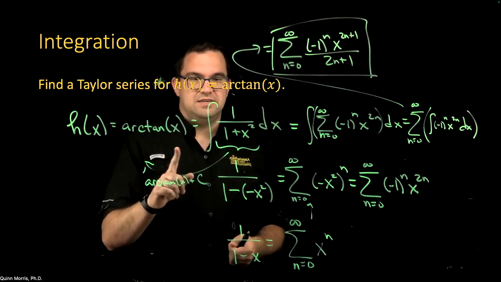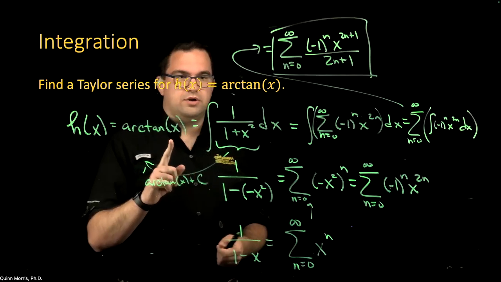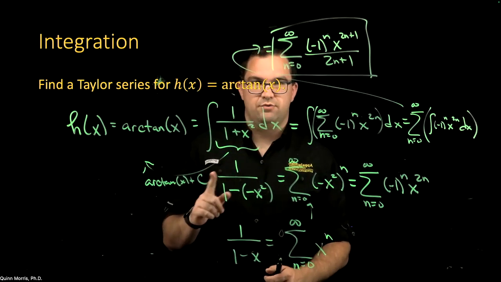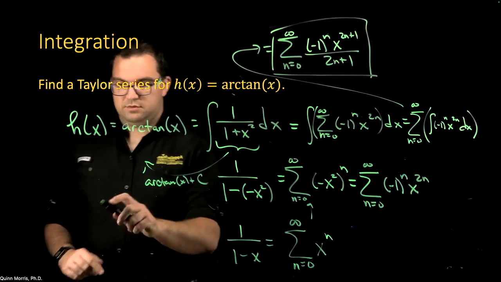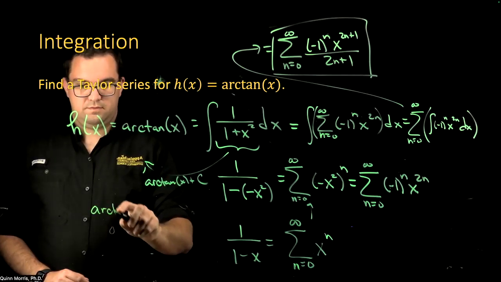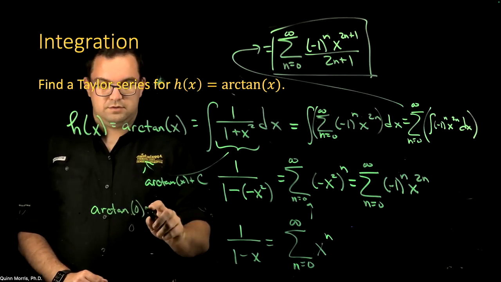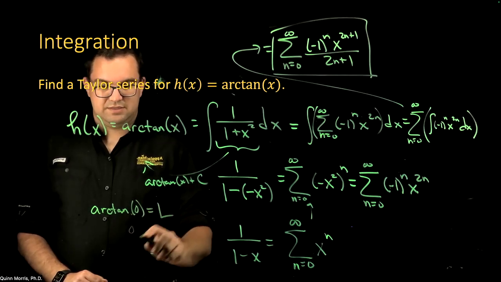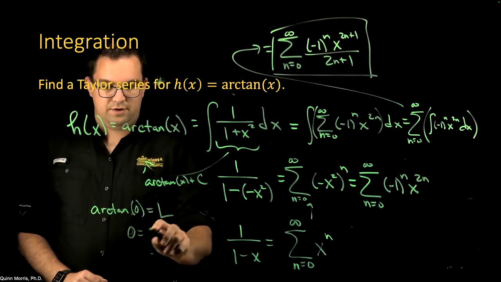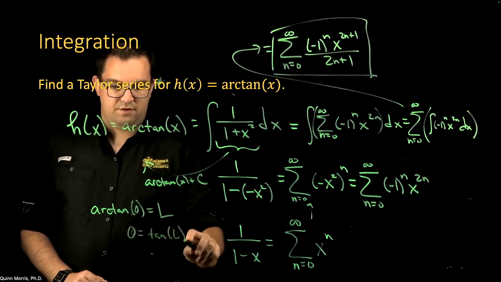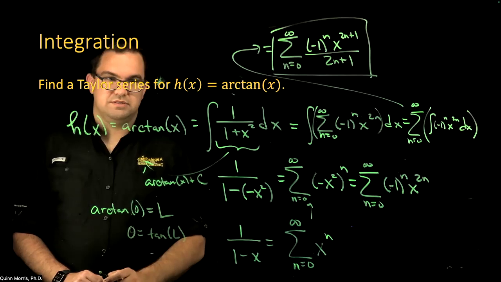So if I plug in 0, arctan of 0, that's like asking if that's equal to L, that's really asking where is tangent of L equal to 0.